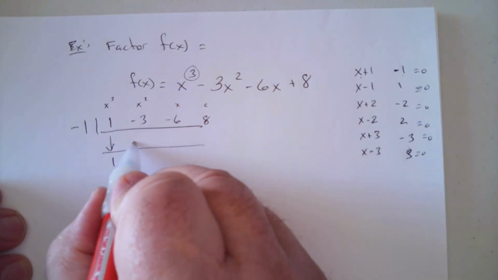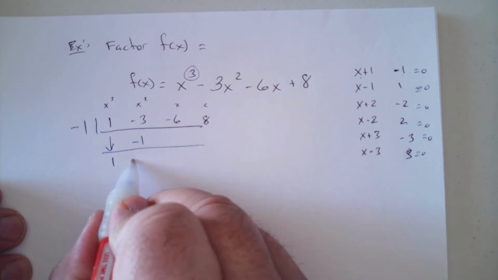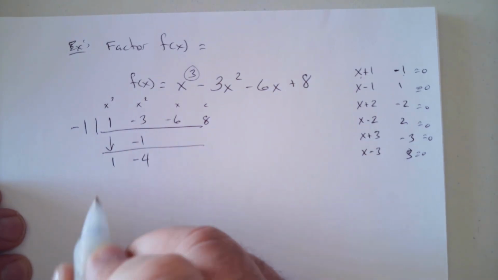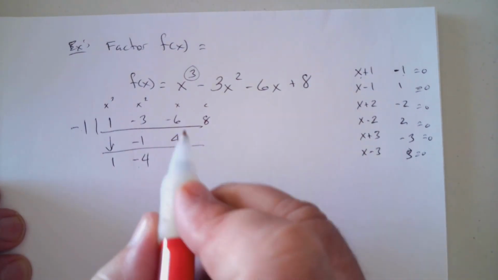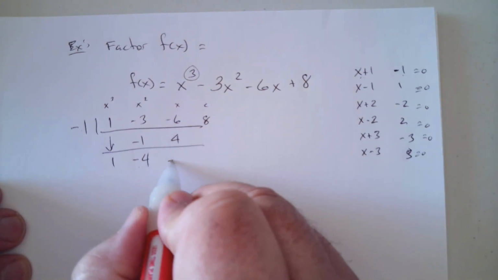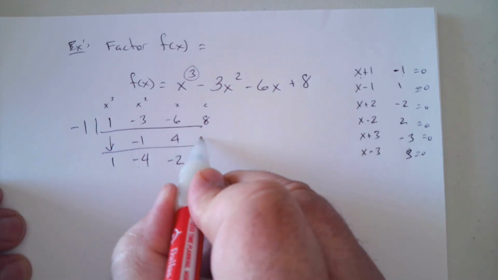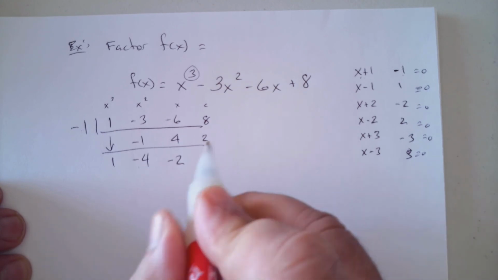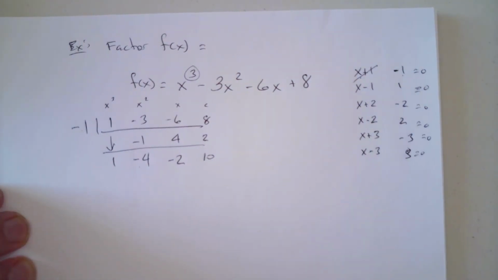Negative 1 times 1 is negative 1. Negative 3 plus negative 1 is negative 4. Negative 1 times negative 4 is 4. Negative 6 plus 4 is negative 2. Negative 1 times negative 2 is 2. So that's not a factor.